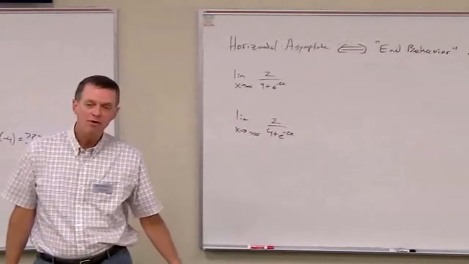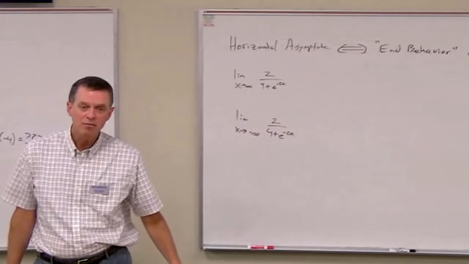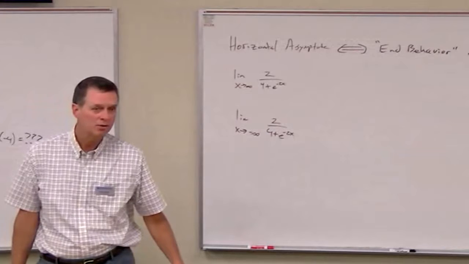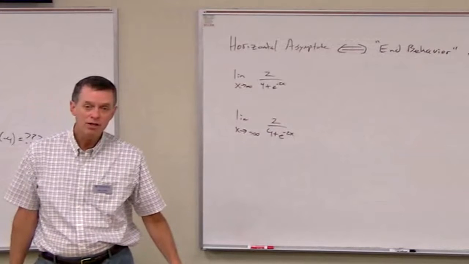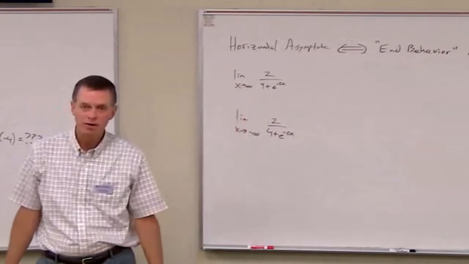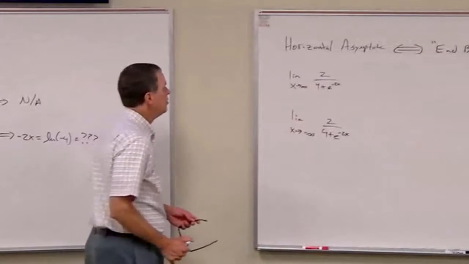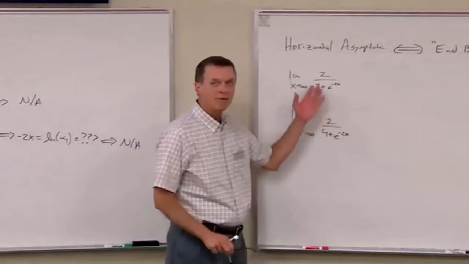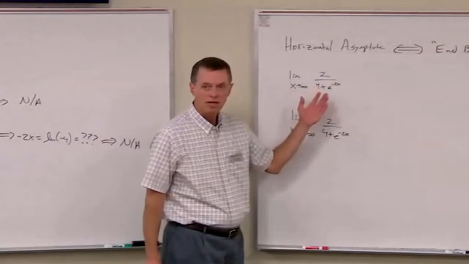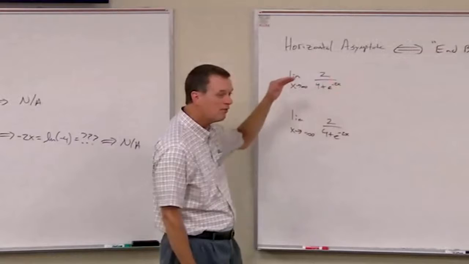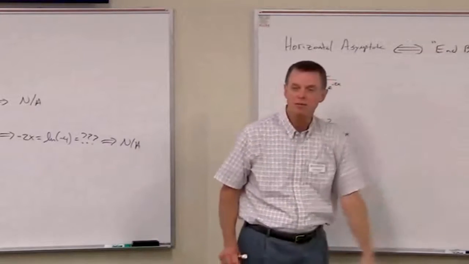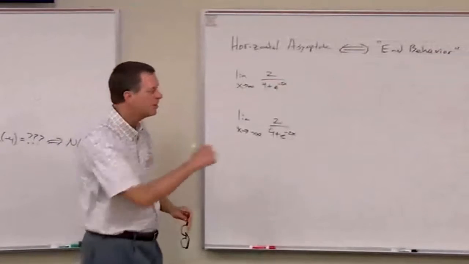And if the end behavior is close to a constant number, then we'll say it has a horizontal asymptote. If the end behavior gets close to infinity or negative infinity, then it doesn't have a horizontal asymptote. So if we can get this to come out to a constant number as a limit, then this function eventually starts to behave like that constant number. It's close to that constant number.